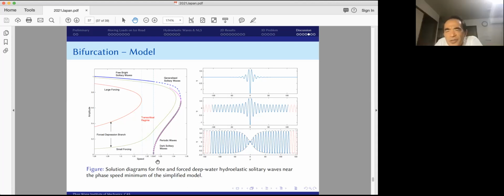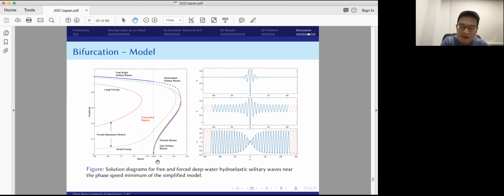Any other questions? Okay, so in this figure, may I understand that generalized solitary waves are unstable? I'm not sure.